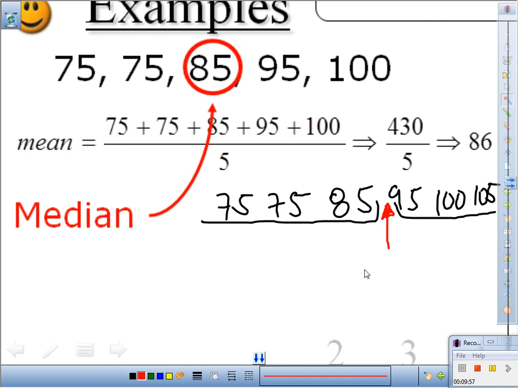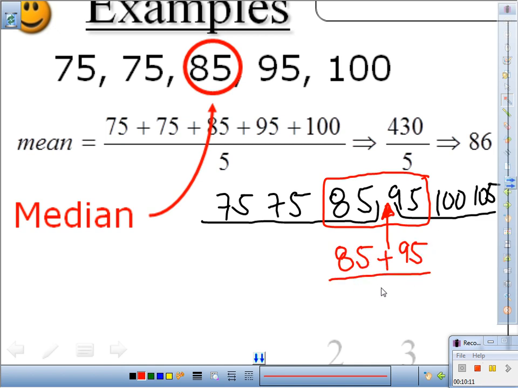You guys notice that? So whenever you don't have a number that is right in the center, what you do, you take the two closest to the center, 85 plus 95, add those and divide by 2. So therefore, 85 plus 95, that's 180, divided by 2, that is 90.